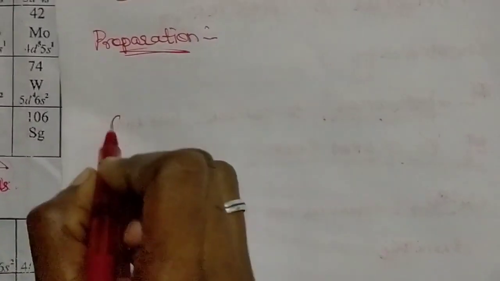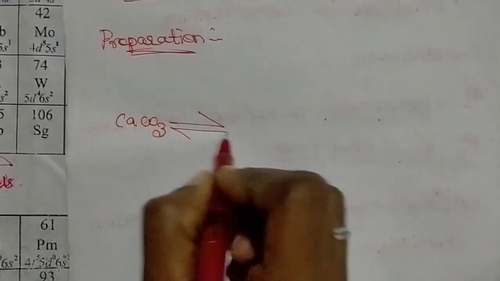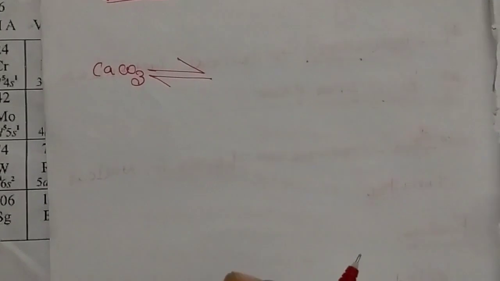Calcium carbonate is heated in the lime kiln in the temperature range of 1070 to 1270 Kelvin.